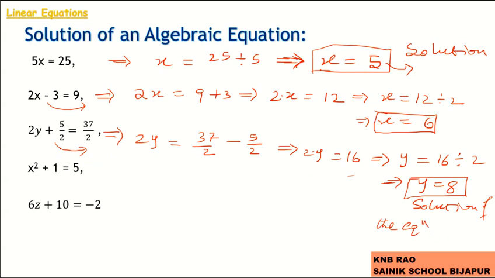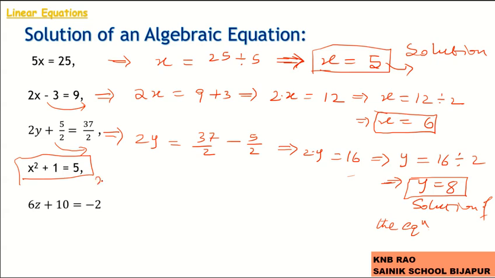This linear equation is 2y plus 5 by 2 equals 37 by 2. And later, this is not a linear equation, it is a non-linear equation, but it is a non-linear equation in one variable. You will learn how to solve it later.